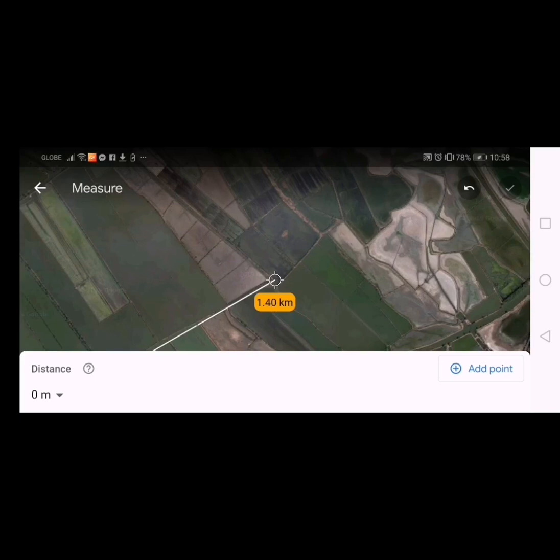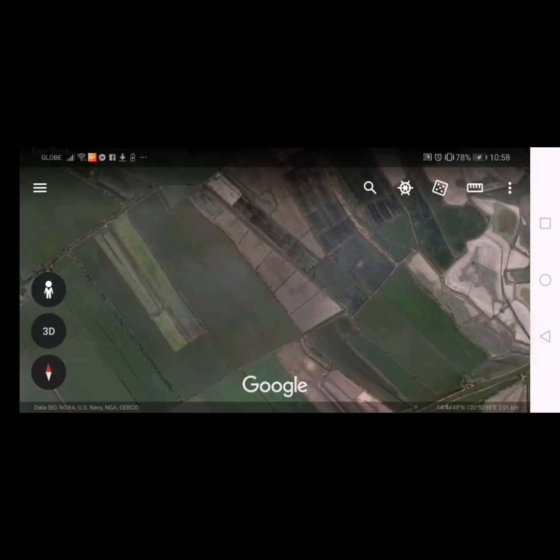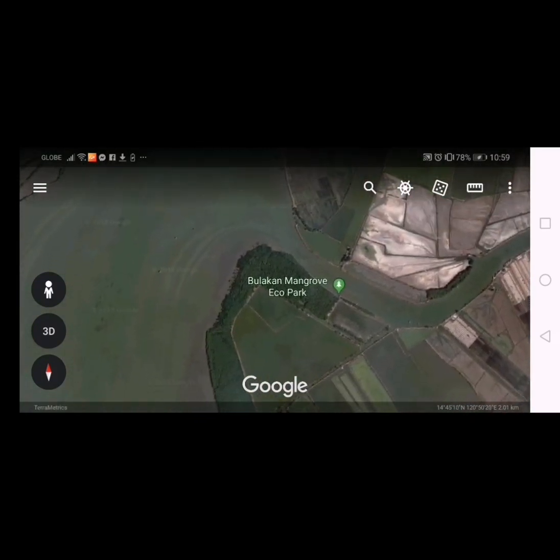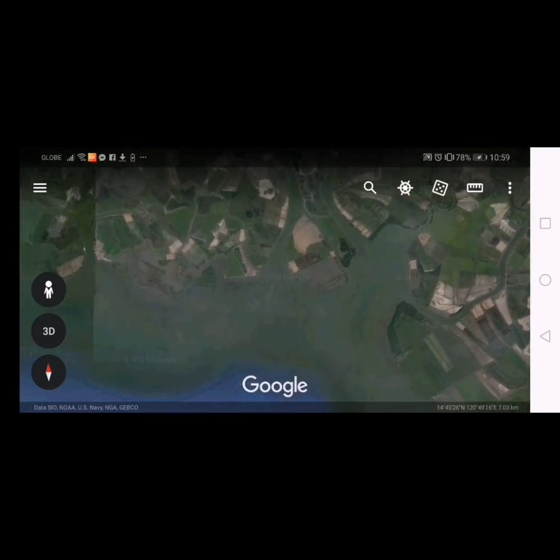But just by looking at Google Earth, you will never understand how massive these walls are. This is also in Bulacan, near the Bulacan Mangrove Eco Park.